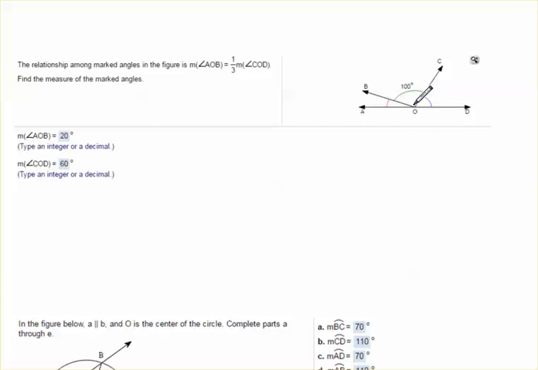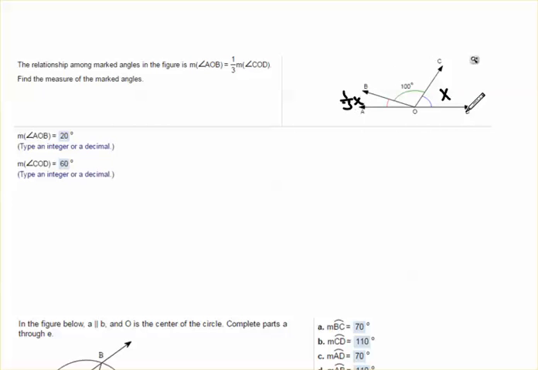So AOB, that's this angle right here, is 1/3 the measure of COD. So whatever COD is, let's call it X. This angle is 1/3 that amount, so it would be 1/3 of X.